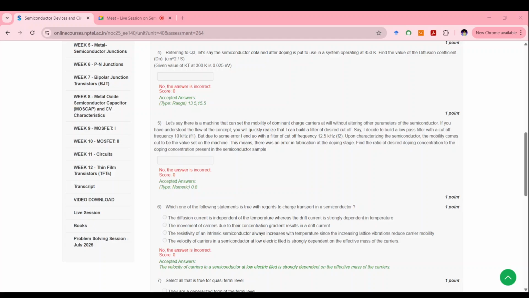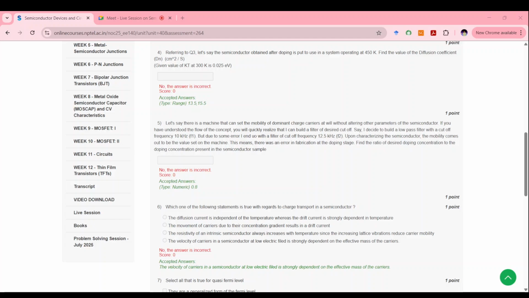Now find the ratio of the desired doping concentration to the doping concentration present in the semiconductor sample.